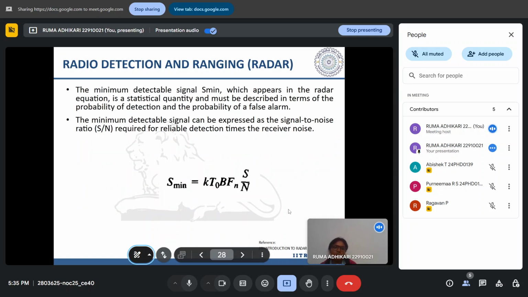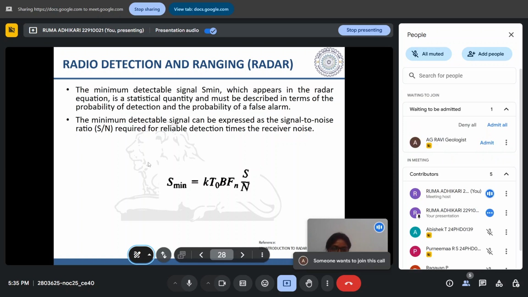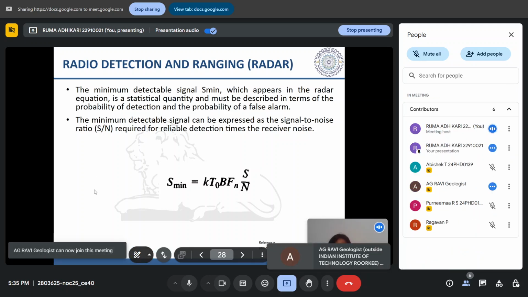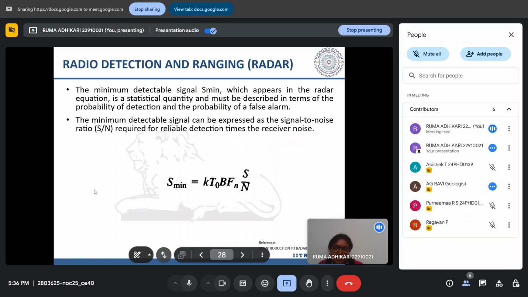There comes the signal to noise ratio also. The minimum detectable signal, that is S min, which appears in the radar equation, is a statistical quantity and must be described in terms of the probability of detection and the probability of a false alarm. This is very important, and it can be expressed as the signal to noise ratio.